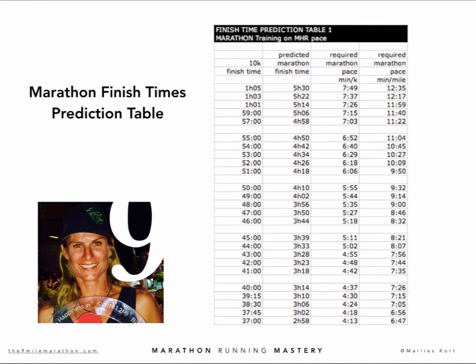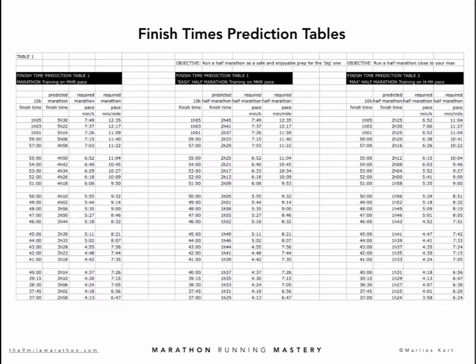I have created another pinup for you today. I call it the Finish Time Prediction Pinup. It connects your 10K time, your running pace at MHR, and your marathon finish time. As a bonus, I included half marathon prediction times as well, in 2 different versions.